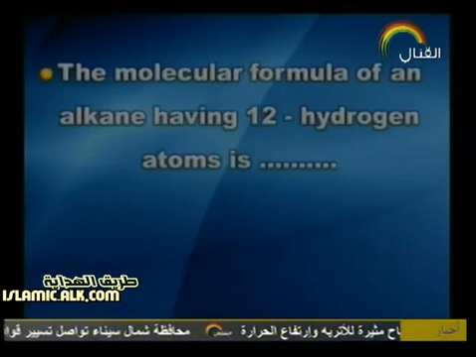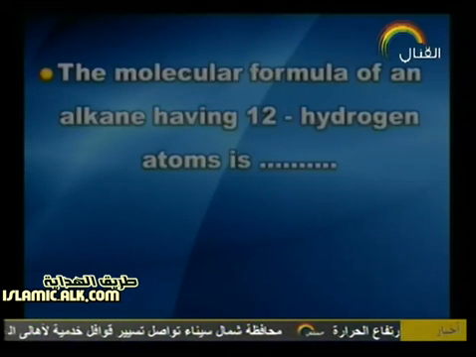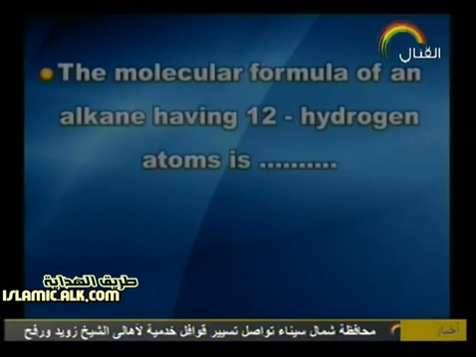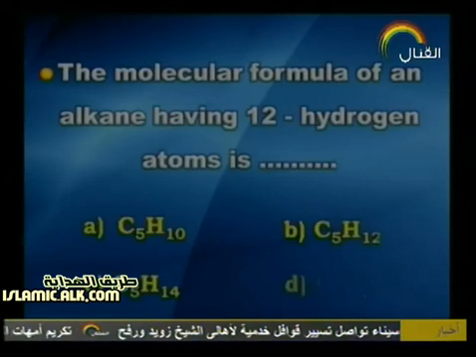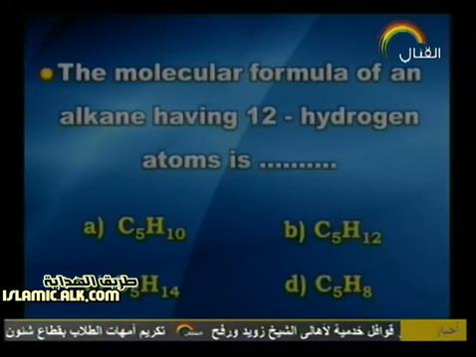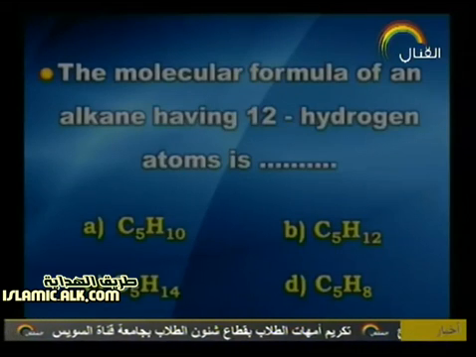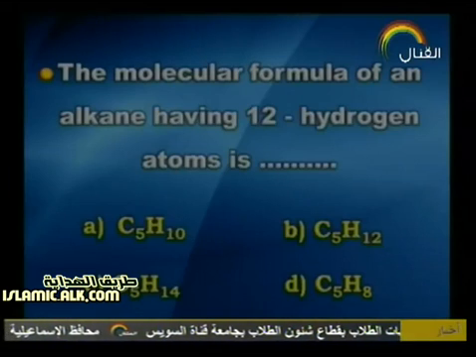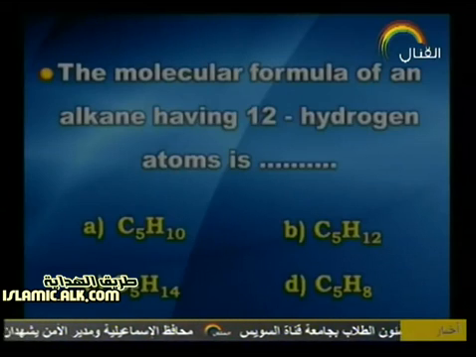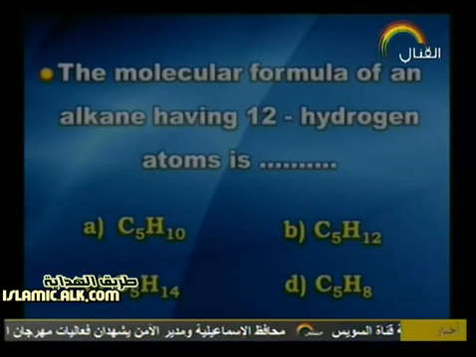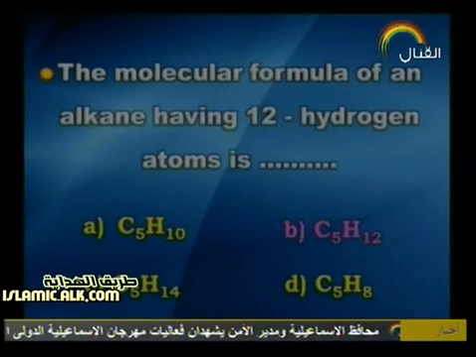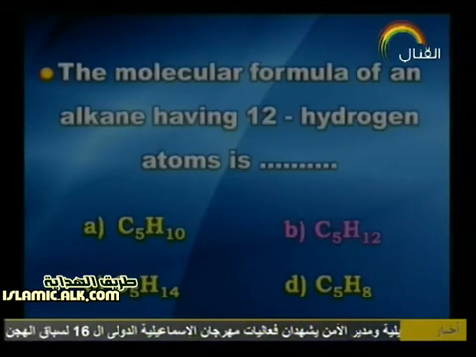Another example. The molecular formula of an alkane having 12 hydrogen atoms is what? C5H10 or C5H12 or C5H14 or C5H8. If you apply the general formula of alkane, you will find that the answer will be C5H12.